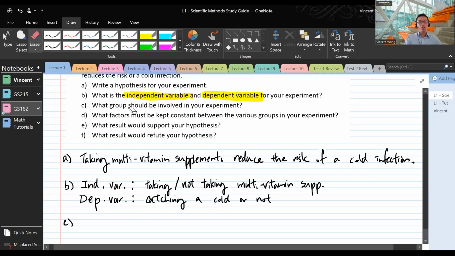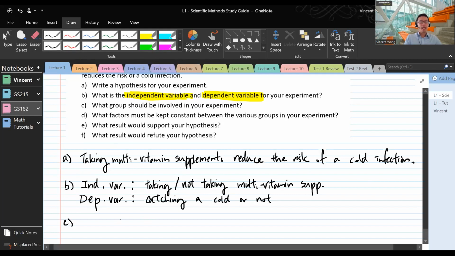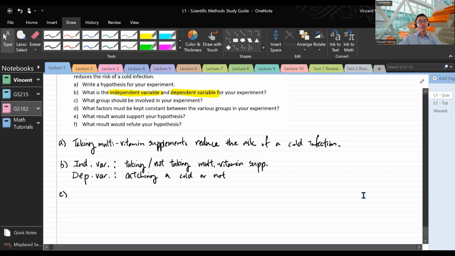C, what group should be involved in your experiment? Okay, how many groups should we have for this experiment? How many groups? Two. 2 groups, okay. Anyone else?